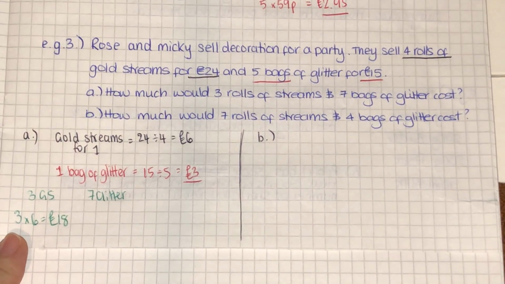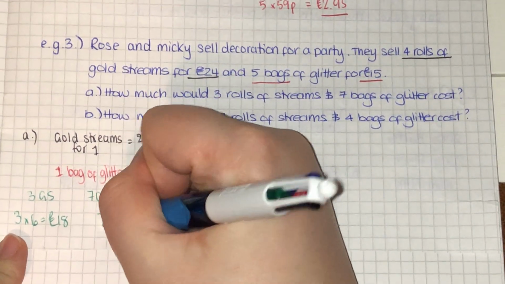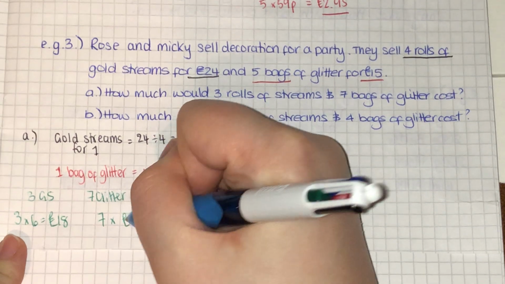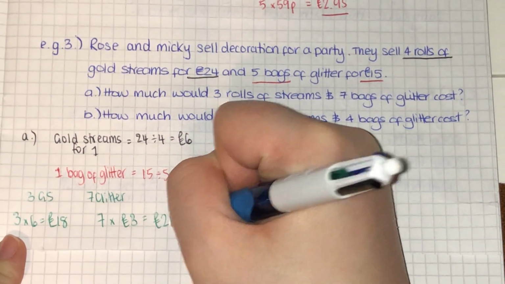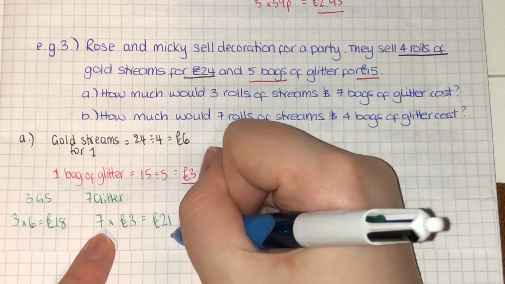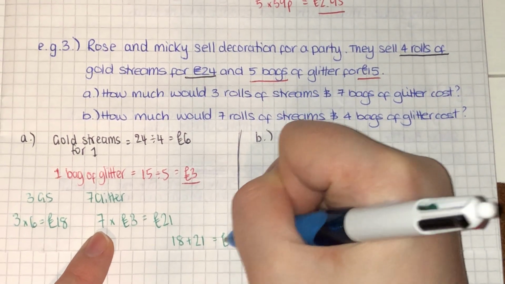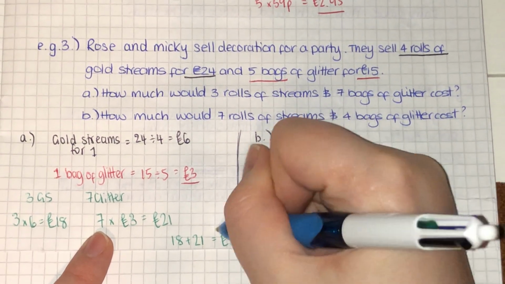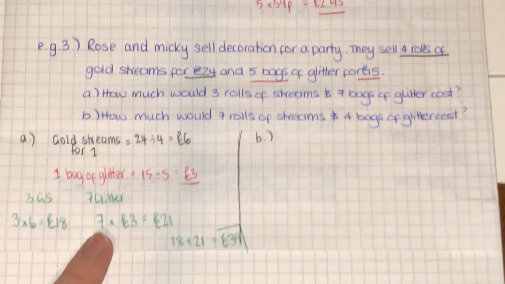Okay, for the 7 glitter, 1 of them is £3, so 7 would be 7 times £3, which is 21. So in total, we just add those two numbers together. So 18 plus 21, which is 39. Okay, so that's the answer to part A.